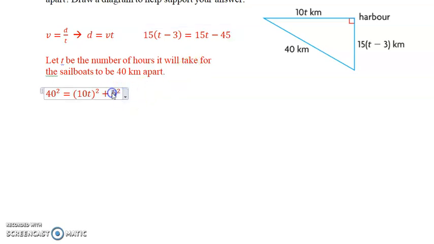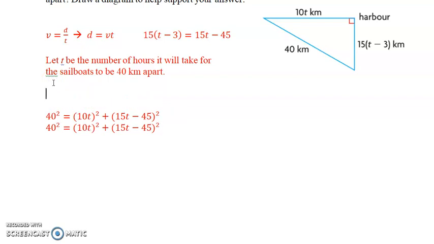So that's going to be your B side, 15t minus 45, and that's all squared. All right, so let's simplify this. 10t squared is 10 squared, which is 100, and square the t, we get 100t squared.